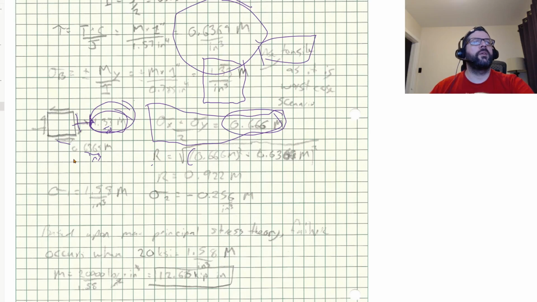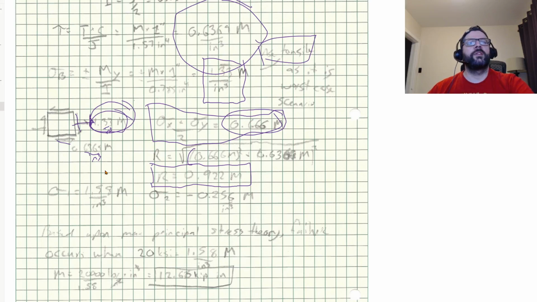So we are able to find that our R needs to be equal to 0.922 per inch cubed M.